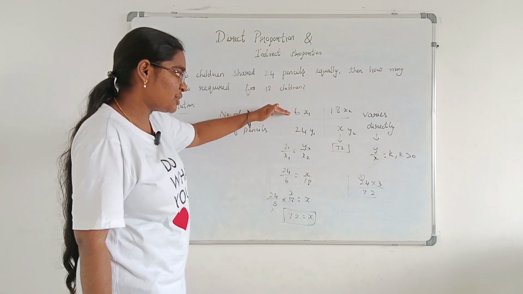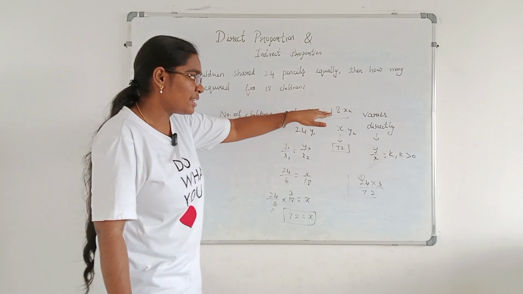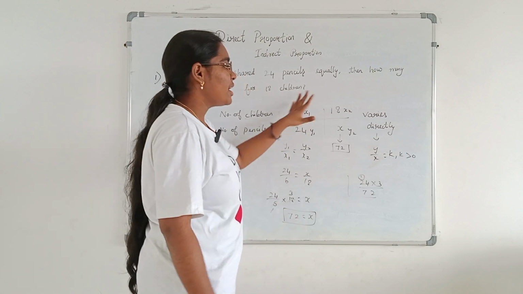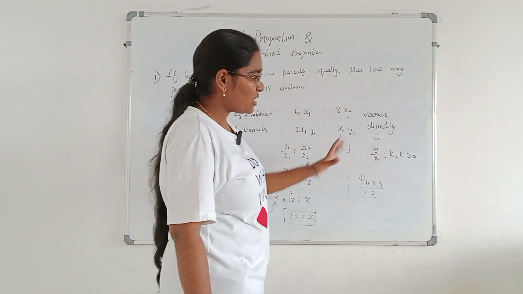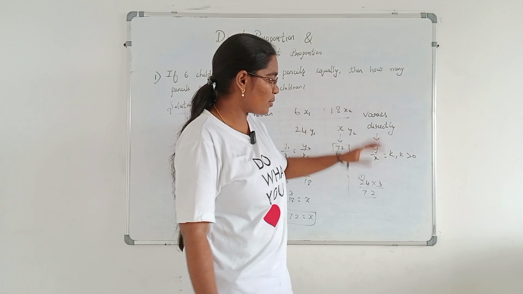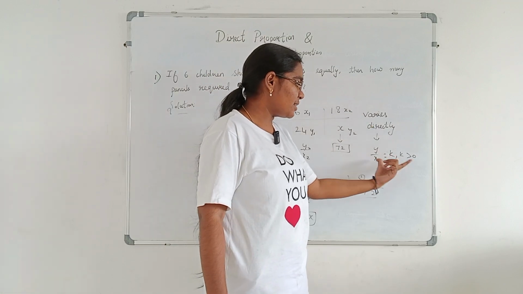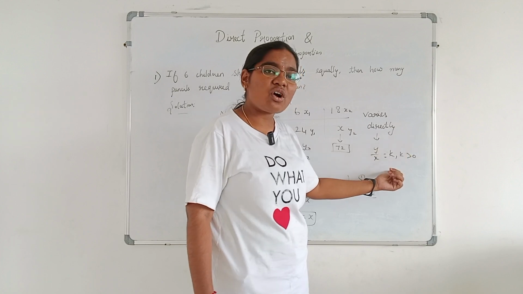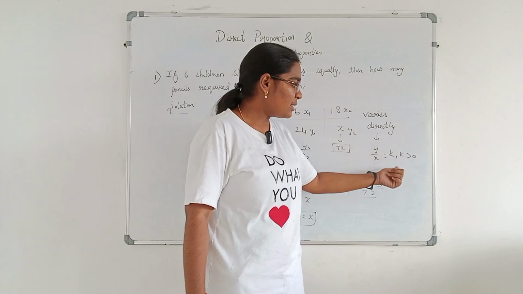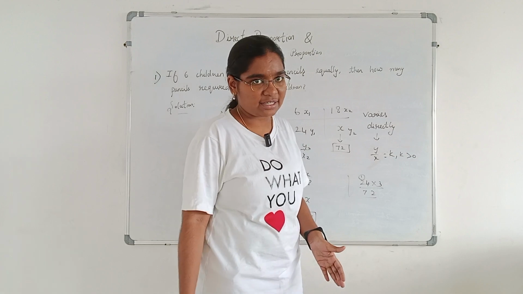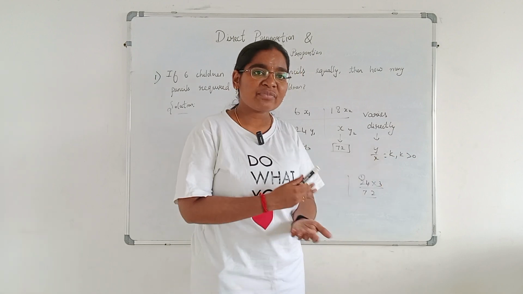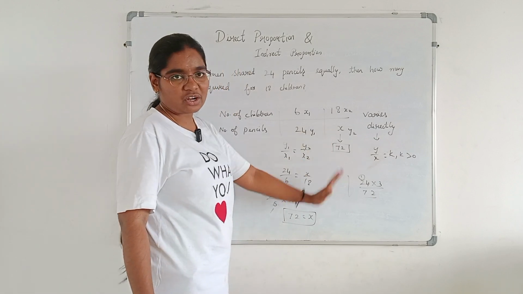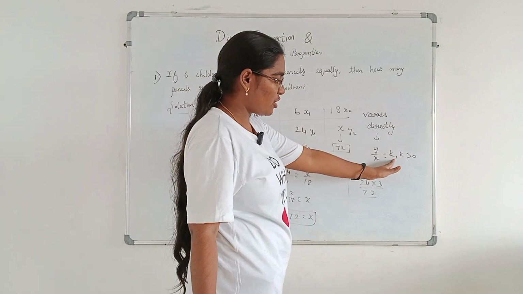Here for 6 children 24 pencils, so definitely for 18 children the quantity will increase. So it is varying directly. According to direct proportion, mathematically it is represented as y by x equal to k, where k is the constant of proportionality. That means the k value won't change. Since these quantities vary directly, at last you will get only one constant. That is the meaning of k.